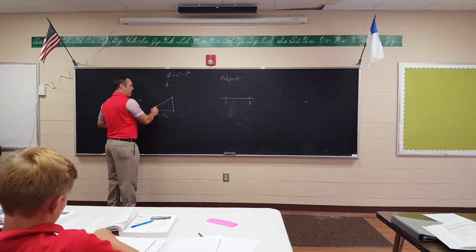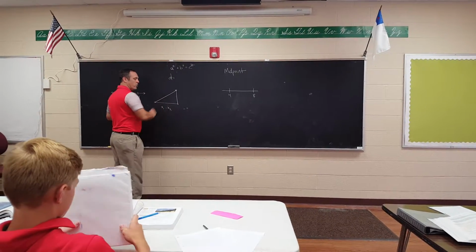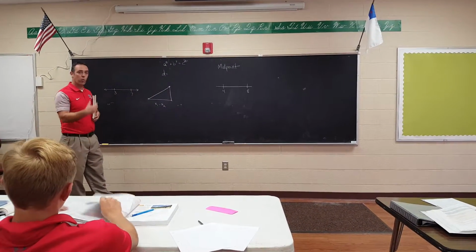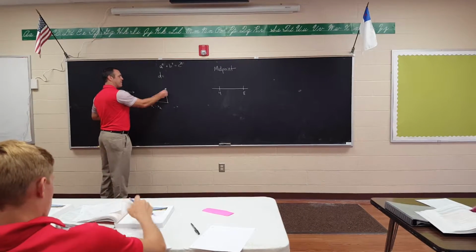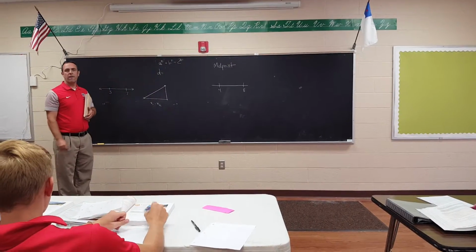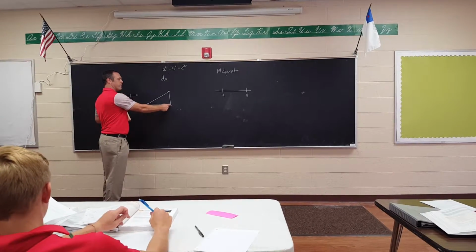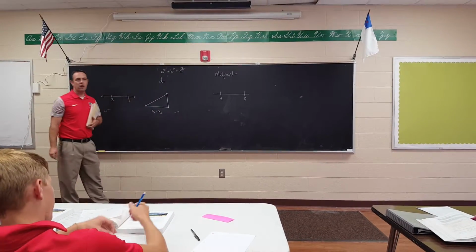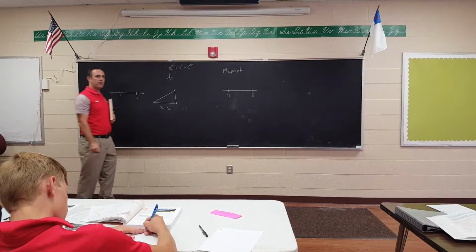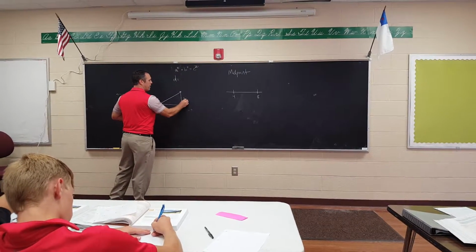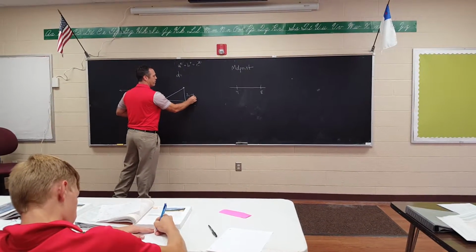If this is found by finding x1 minus x2, how would we find this other distance? Well, this is x. What is this? Up and down is y. So we would find that by doing y1 minus y2.